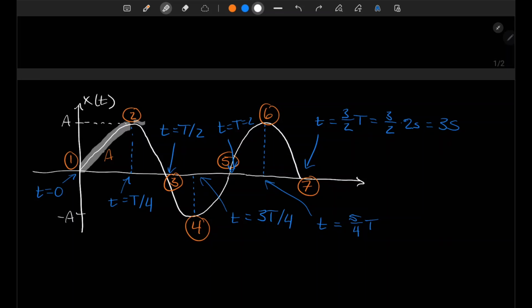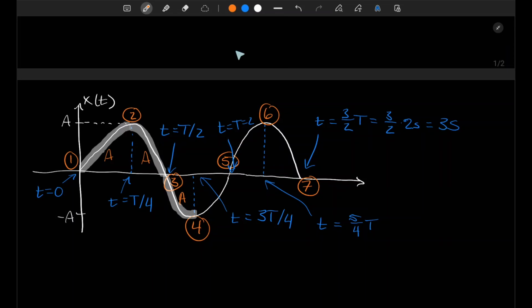Here downwards is another a. Right? And that's just because we go up to a position a, and then we have to travel a distance a back down to 0. And the same works when we go down from 0 to negative a. That's another a that we've traveled.